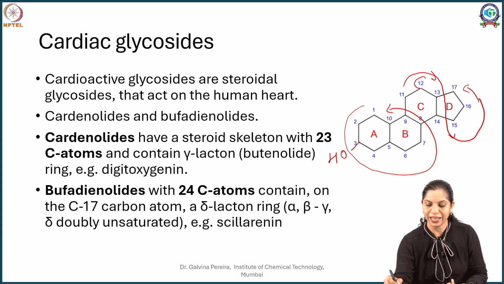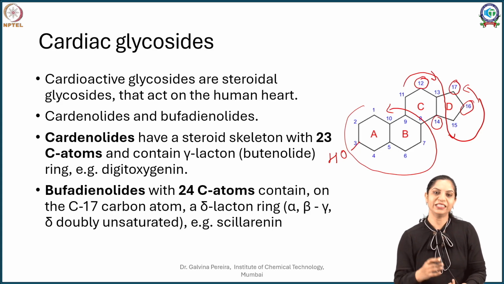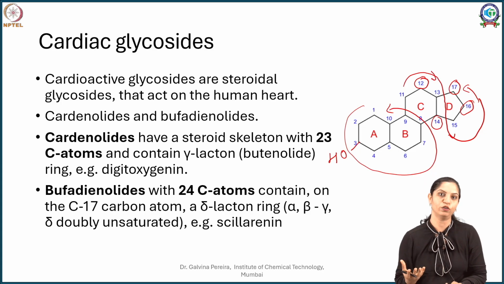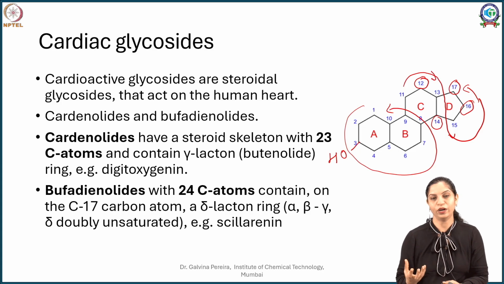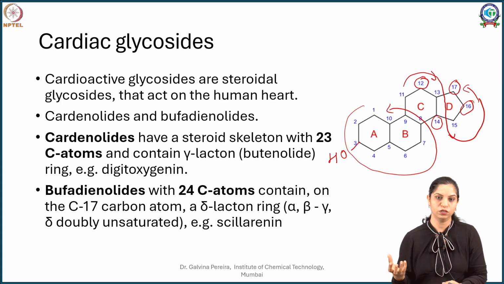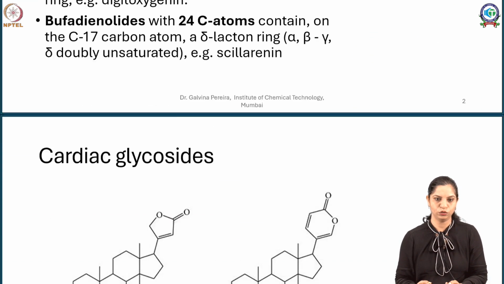For cardiotonic activity, carbon 12, 14, 16 and 17 are very vital. We will see them as we elaborate more on cardenolides and bufadienolides. Just to give you an overview, cardenolides generally contain what is called a gamma lactone system, whereas bufadienolides contain a delta lactone system.